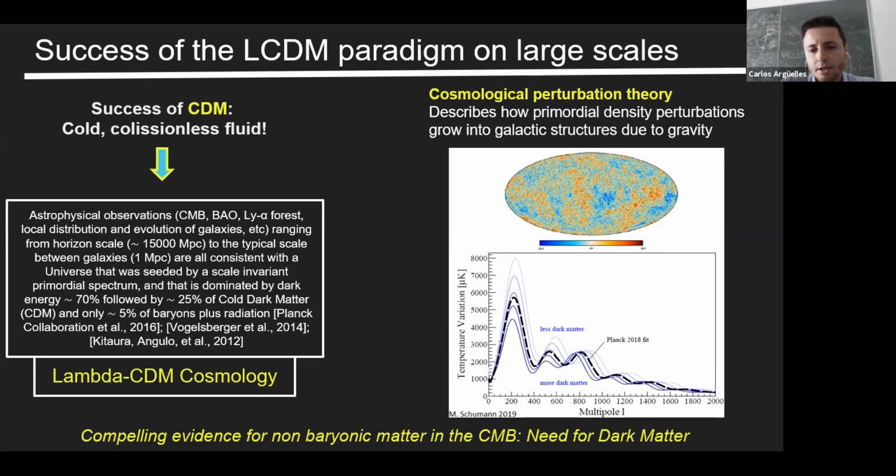For example, this is a qualitative example where you see that as soon as you decrease the amount of dark matter, the relation between the second and third peak changes. And also, if you increase the dark matter, the height and positions of the peaks also shift. So out of this CMB data and lambda CDM cosmology, we can say there is compelling evidence for non-baryonic matter in the CMB.